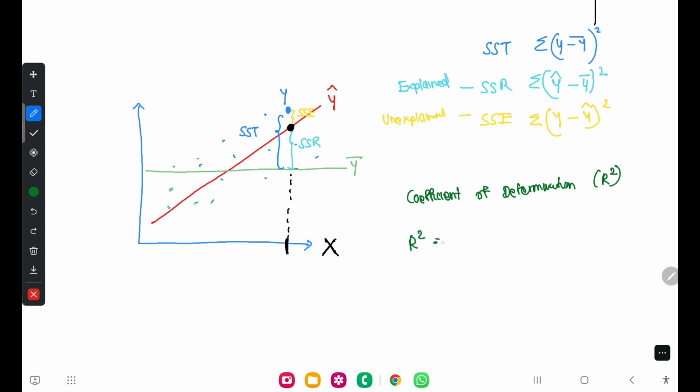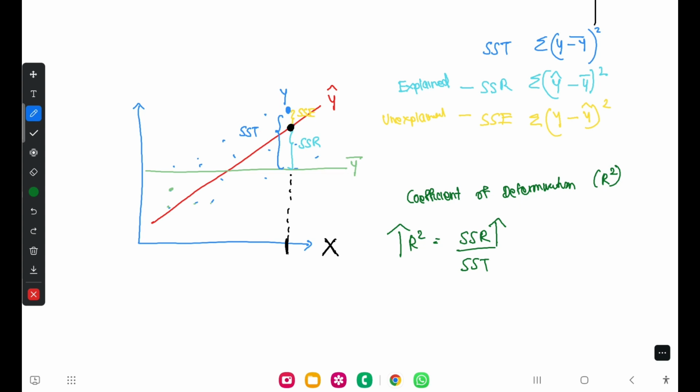R square is denoted by SSR over SST. That means out of the total variation, what is the percentage of variation explained by the regression line? So as you have correctly thought, when the explained variation is more, this model is a good fit. So when SSR increases, R square increases, indicating that this is a good fit for the model.